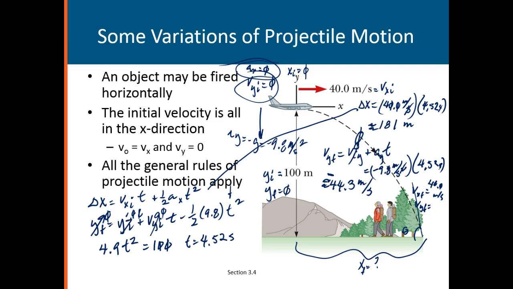Draw a triangle with the 181, that's the X, and 100 is the Y. That would be an approximation, but you see the actual path is not this way, it's that way, right? So that's not going to quite give it to us. That would be a reasonable approximation, but not quite going to get us there.